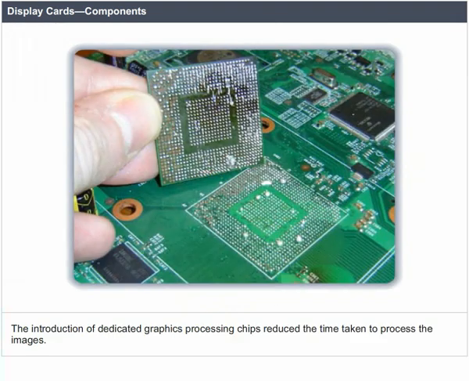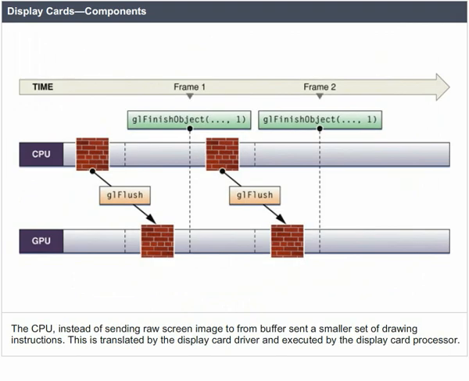The introduction of dedicated graphics processing chips reduced the time taken to process the images. The CPU, instead of sending raw screen image to and from buffer, sent a smaller set of drawing instructions. This is translated by the display card driver and executed by the display card processor.